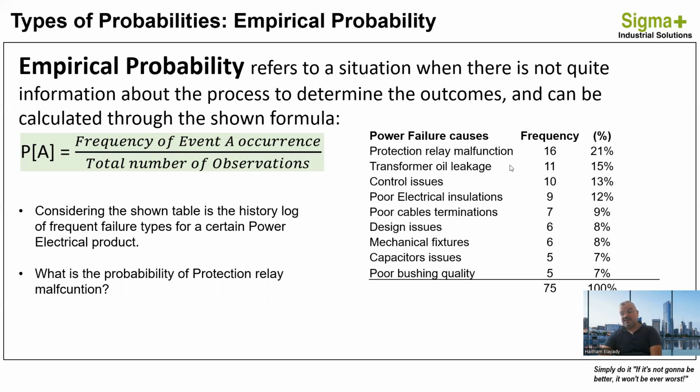Or in another way, I can ask what the probability is of having a protection relay malfunction or a transformer oil leakage. Then I can sum the 16 and the 11 and divide by 75. So that will be about 36% probability of the occurrence of either of those defects or failures.